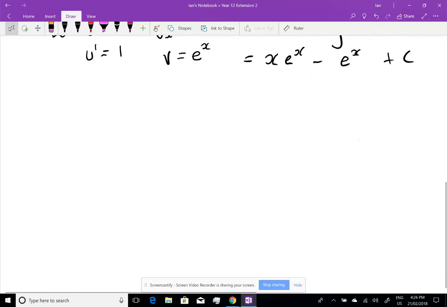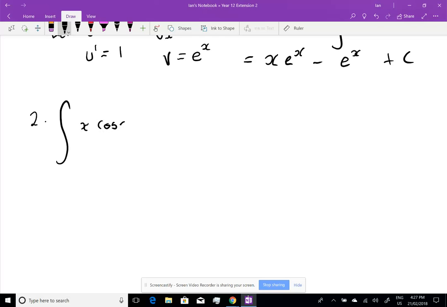So how does it get hard? Well, let's do another example. Let's do example number 2. The integral of x cos x dx. All right.